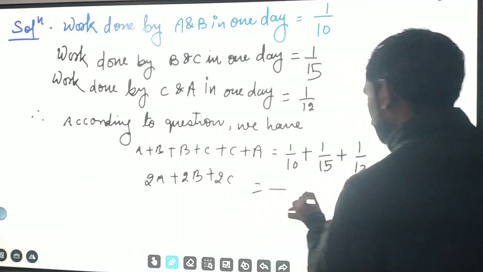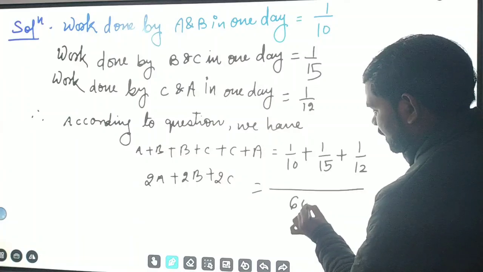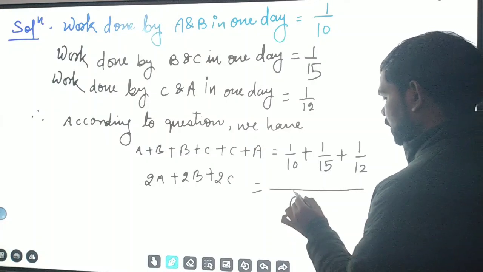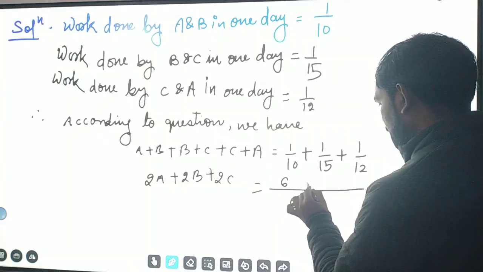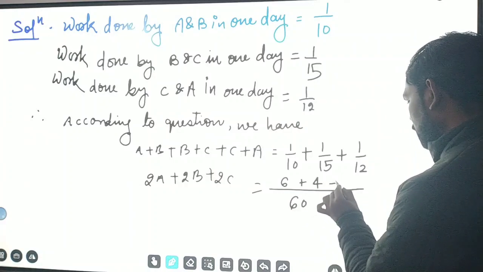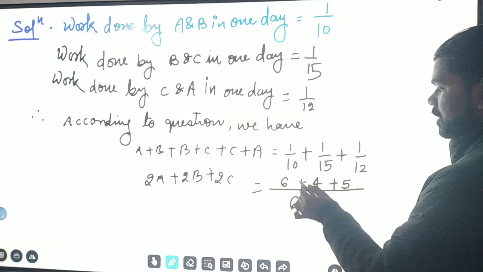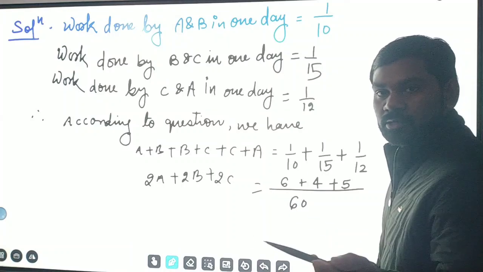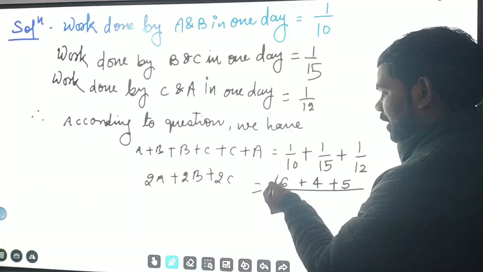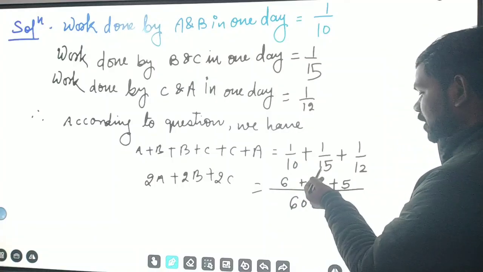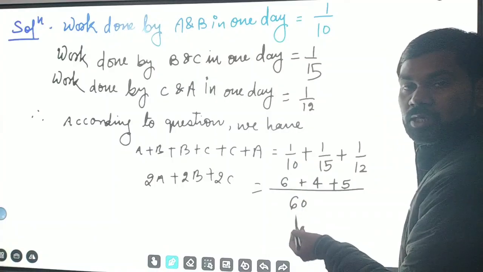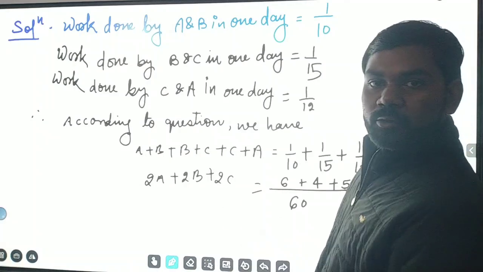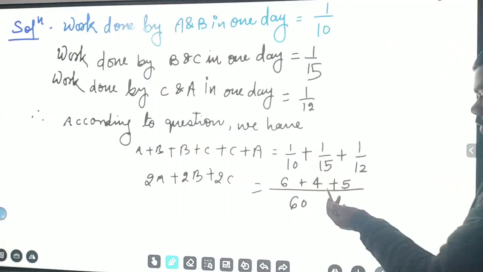The LCM will be 60, and here we write 6 plus 4 plus 5. When 60 is divided by 10 we get the quotient 6, and 6 multiplied by 1 gets 6. Similarly 15 divides 60, we get 4 as a quotient and 4 multiplied by 1 is 4.